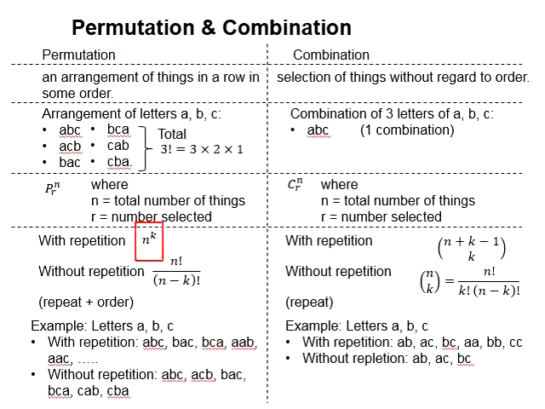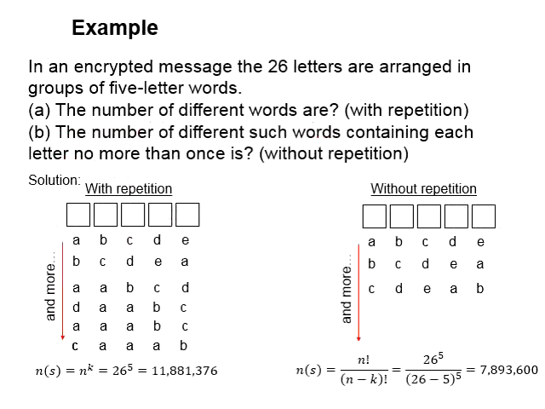You may simply adopt the equation n to the power of k. n here is 26 due to 26 letters, and k here would be 5 because of 5-letter words. With that, the total number of spaces is given here.